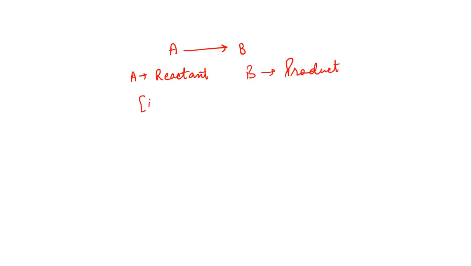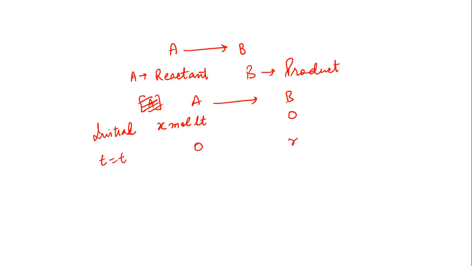Now there is some concentration of A. The concentration of A is represented by this square bracket, and initially the concentration is X moles per liter, and B will be equal to 0. After T time, whenever the reaction is completed, B will be X mole per liter and A will be 0. So it means the whole of A is converted into B.